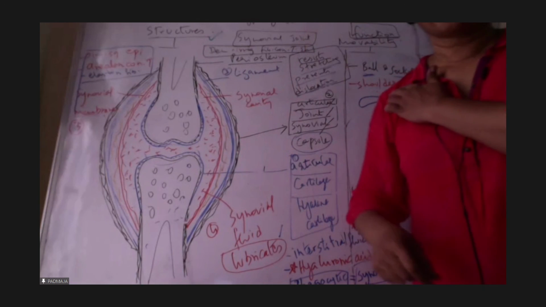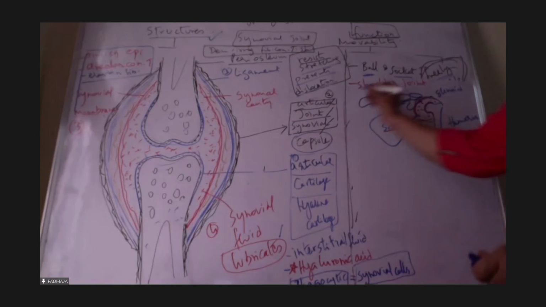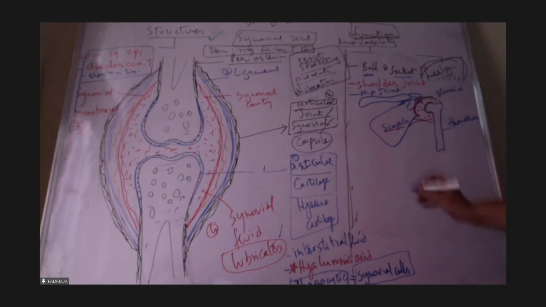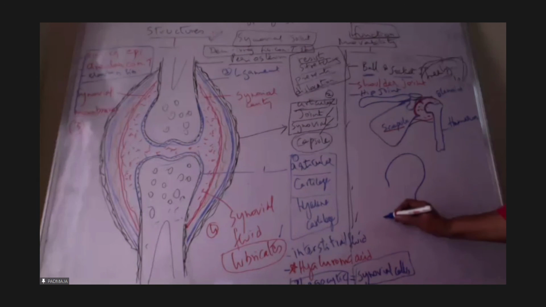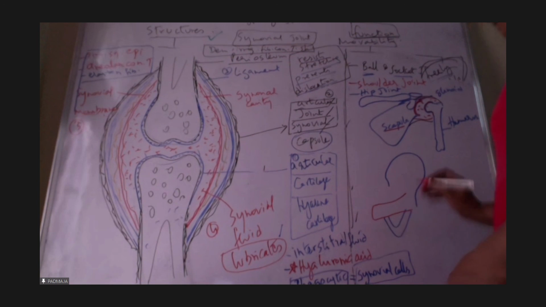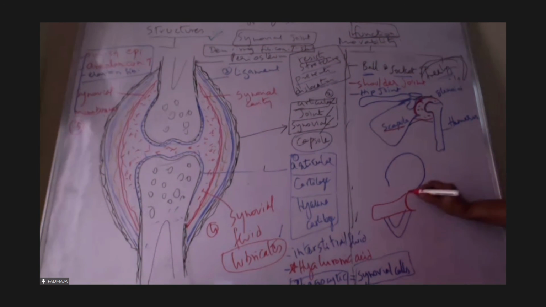Understood? And one more joint, the hip joint. If you remember, ilium, ischium, pubis. Acetabulum. Yes, what is the acetabulum? Socket. Good.